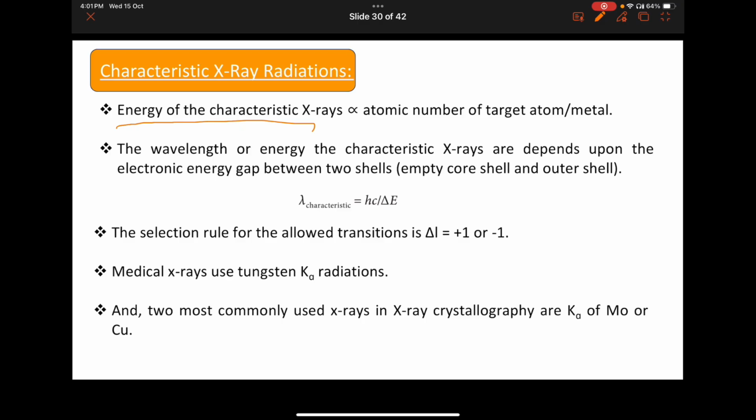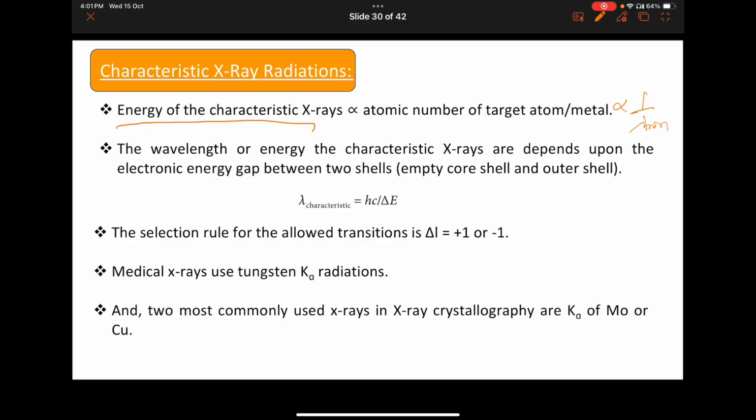The energy of the characteristic X-ray is directly proportional to the target metal: the heavier the metal, the more energy of the X-rays we get. Or we can say it is inversely proportional to lambda minimum of the characteristic wavelength.